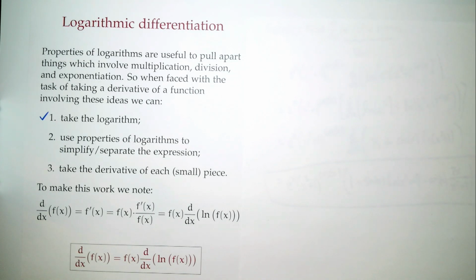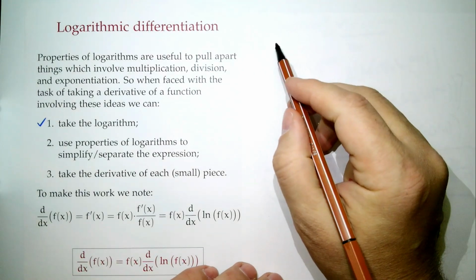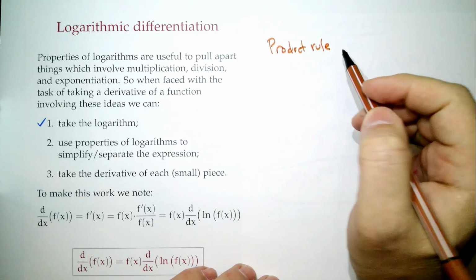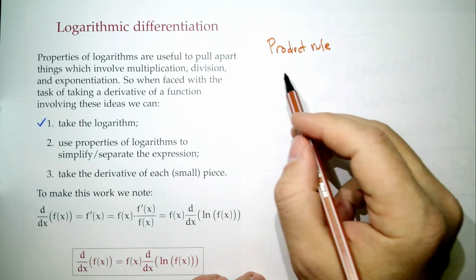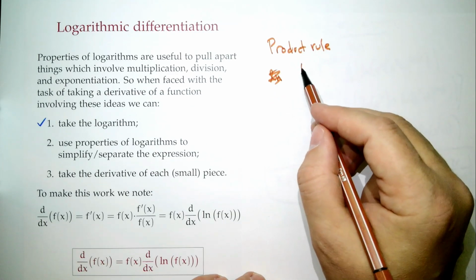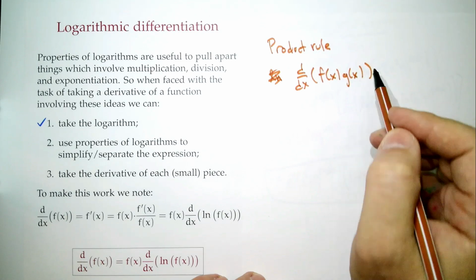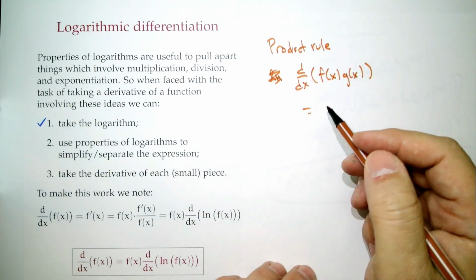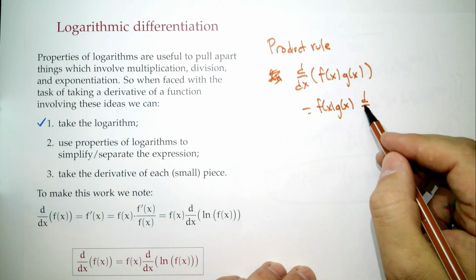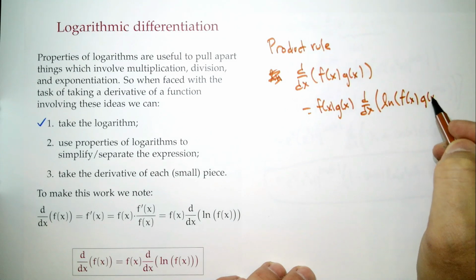Okay. One more. Okay, so here we go. Product rule. You can actually derive product rule from logarithmic differentiation. So how does that work? Well, if I want to take the derivative of f of x times g of x, I can use the rule here. So that's f of x, g of x, times the derivative of the log of f of x, g of x.